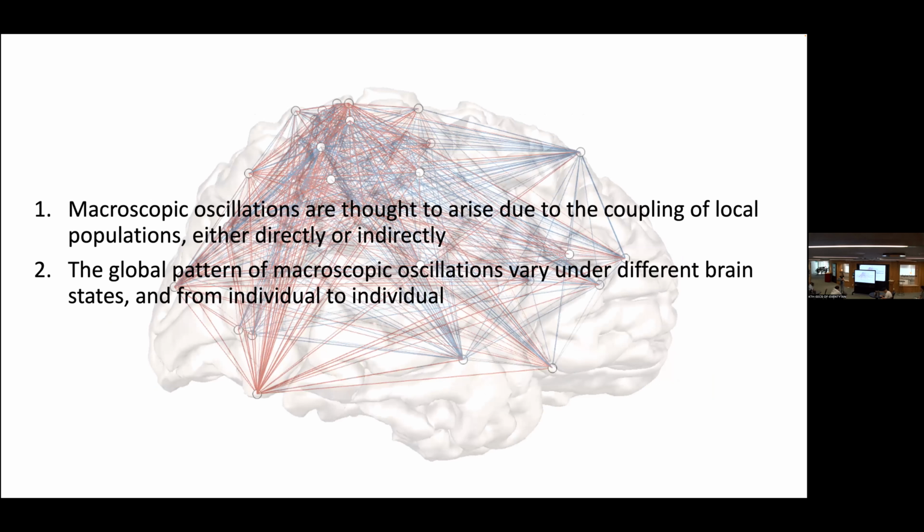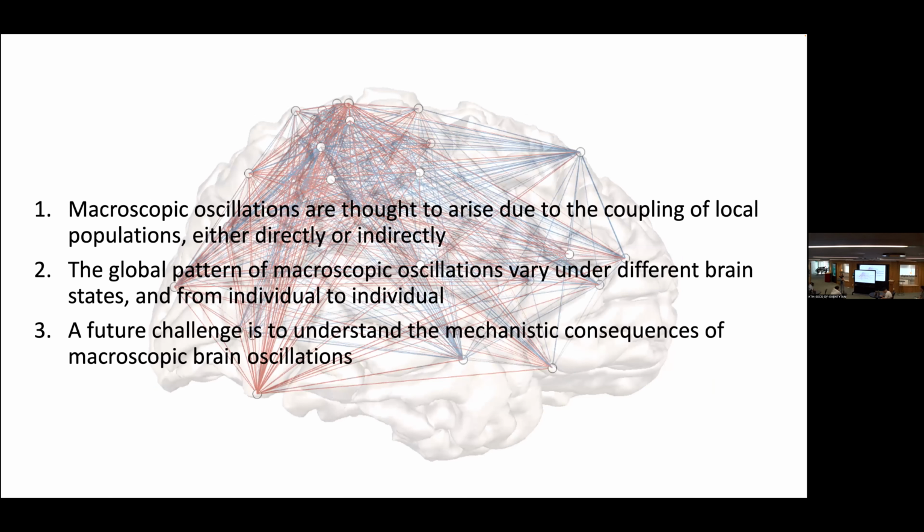And of course, a future challenge here is still to understand the mechanistic consequences of macroscopic oscillations. For example, how is it impacting high frequency oscillations, where a lot of the information about what's going on is kept?